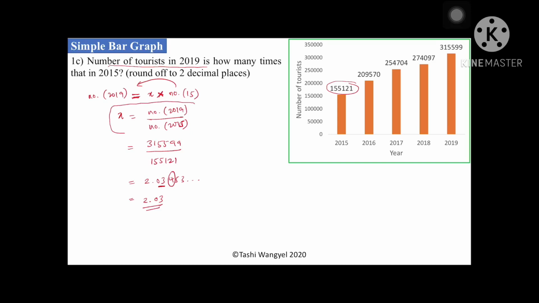The equation must be direct: compare 2019 with respect to 2015, so 2015 goes in the denominator.